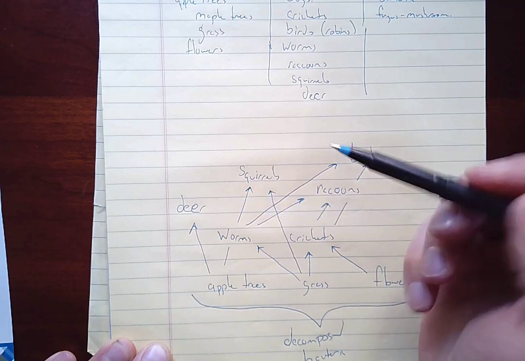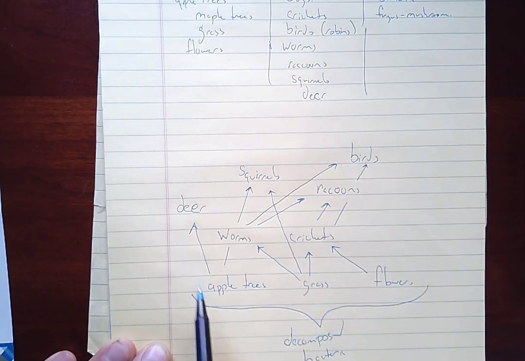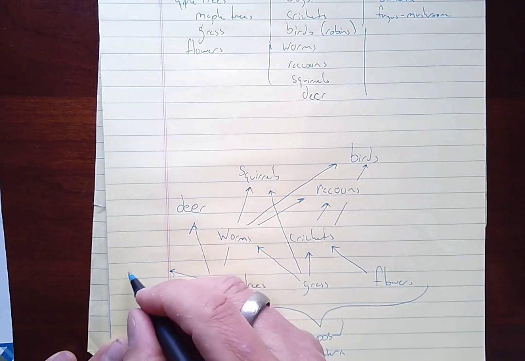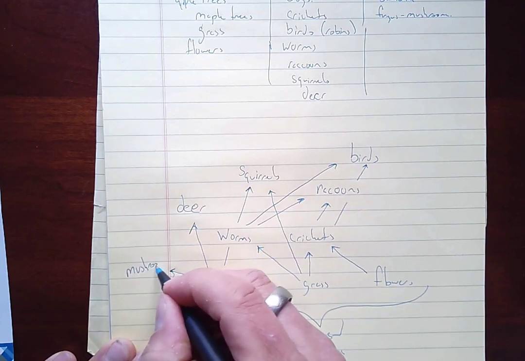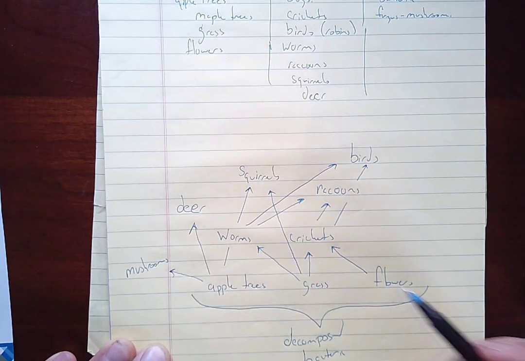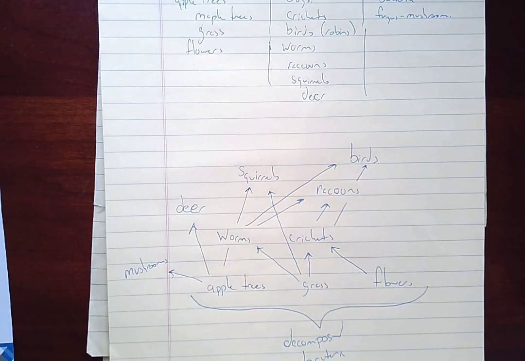And then we can actually have our trees in here too, because that's where our mushrooms grow on, and decompose that. So when you start to think about this, you can have a really good web of information and things that are going on there.